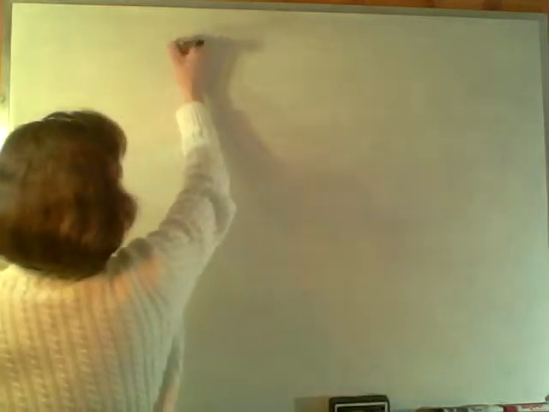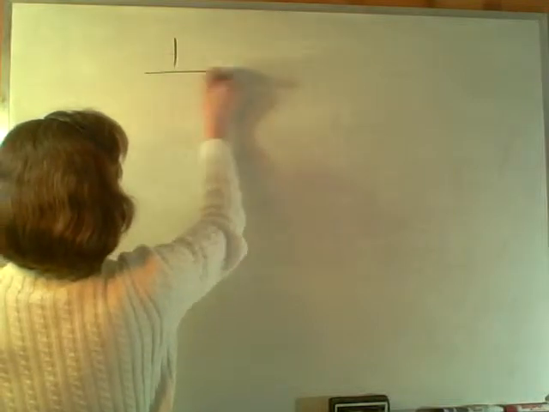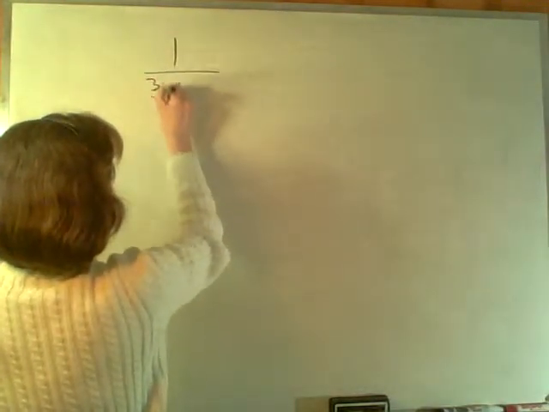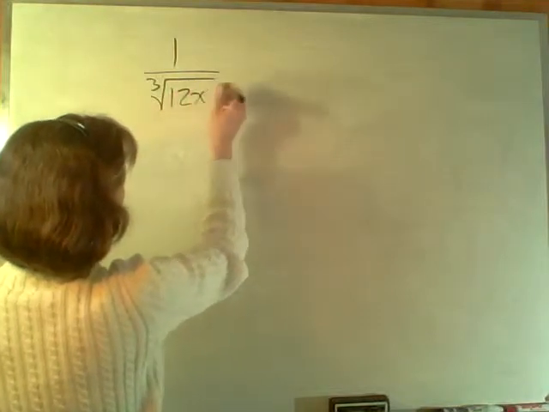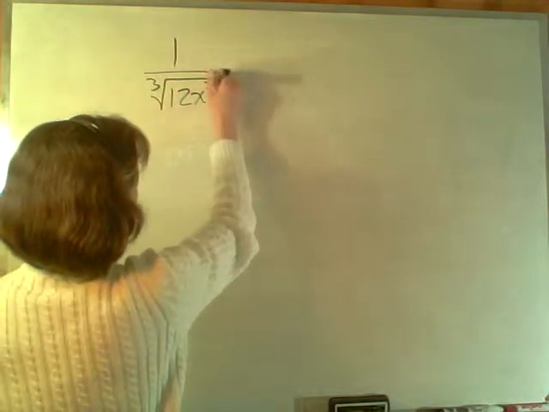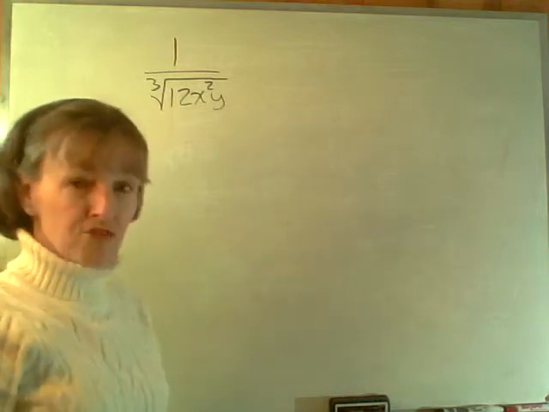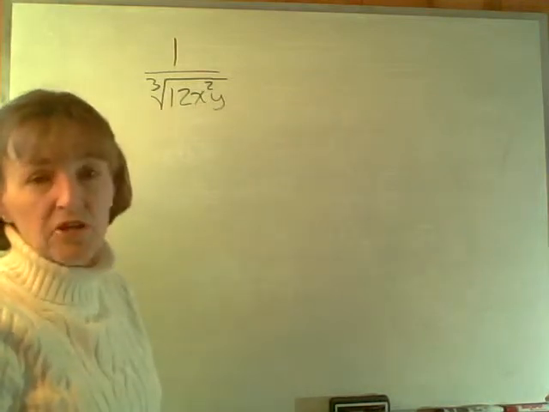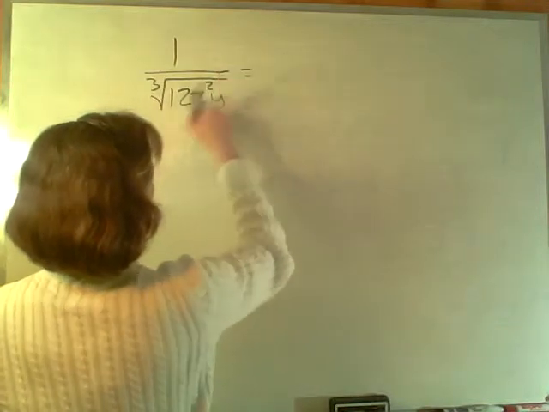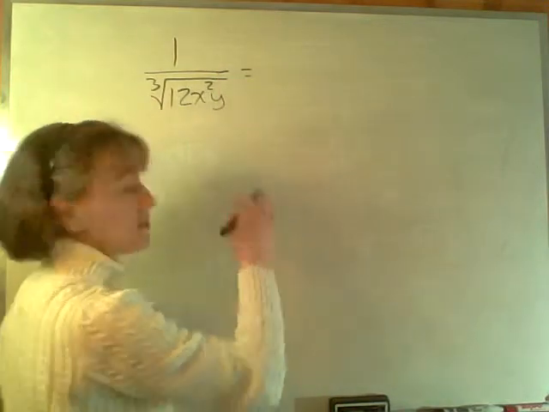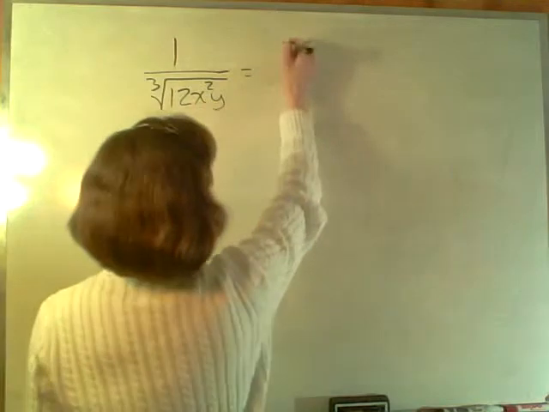So let's say we have 1 over the cube root of 12x squared y. Now, the first thing I want to do is try to simplify my cube root before I rationalize it. So in order to simplify this, I need to look at all of the factors involved in this radicand.